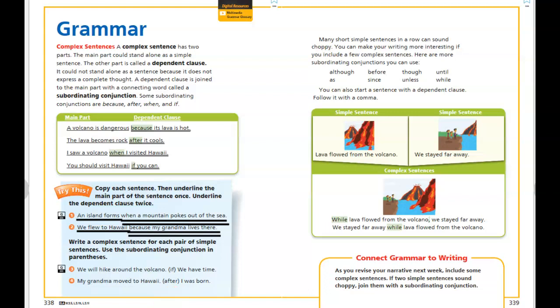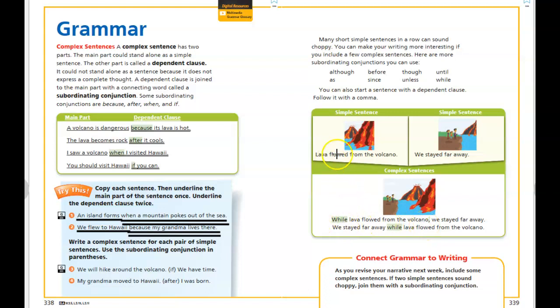Okay, and then just real quick, guys, let's look over here in this box. This gives us a couple more examples of taking two simple sentences and combining them to form a complex sentence. And this one tells us that we could even start the sentence with the dependent clause and then just follow it with a comma. So let's take a look at an example of that.